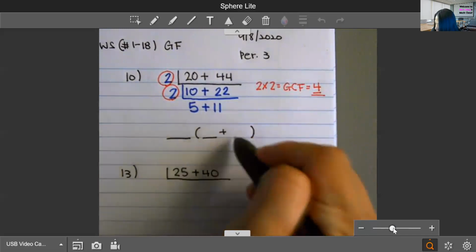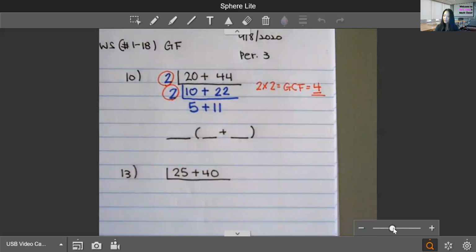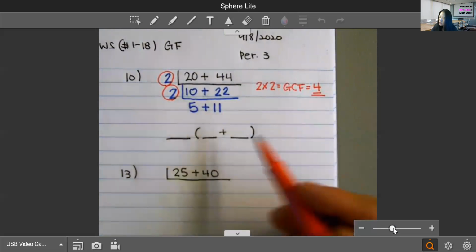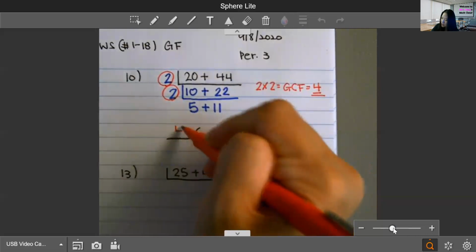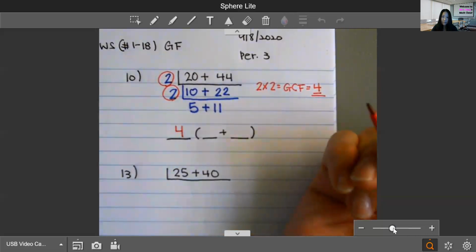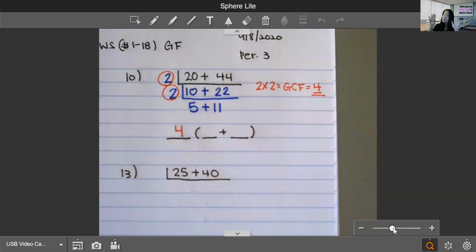Basically, I'm going to be writing down what goes in these 3 blanks, okay? All right, so this number outside is actually going to be my greatest common factor, GCF. Inside the parentheses, I'm going to be writing another sum, okay?